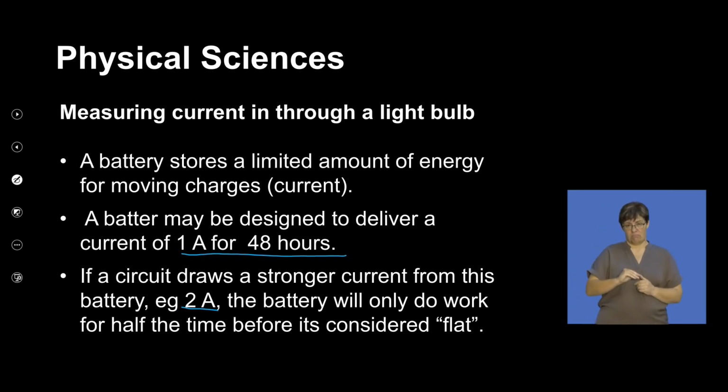So instead of it lasting for 48 hours, because it was designed to supply 1 ampere of current for 48 hours, in half the time the battery will be flat. Half the time is 24 hours, a day. So this has to do with the real life application of current.